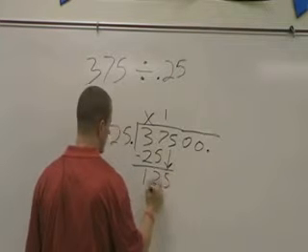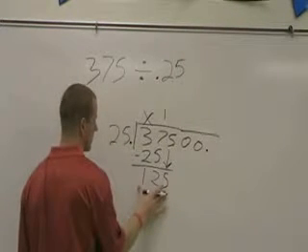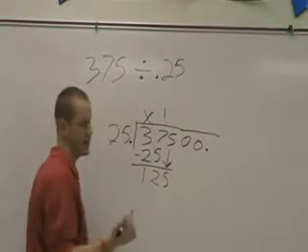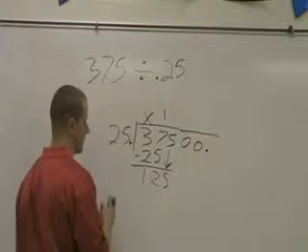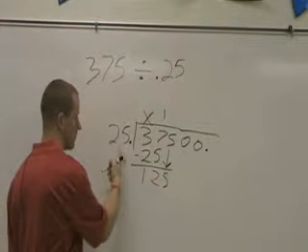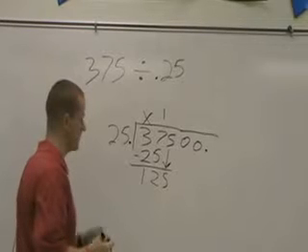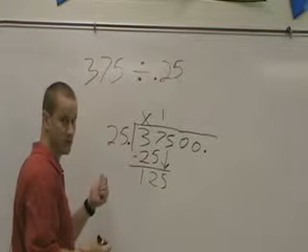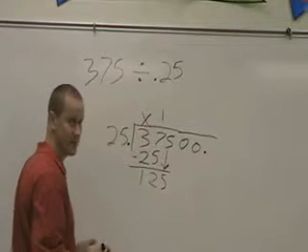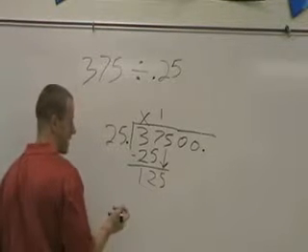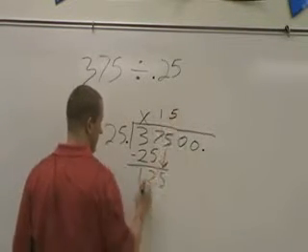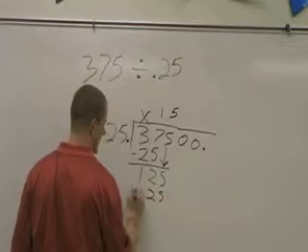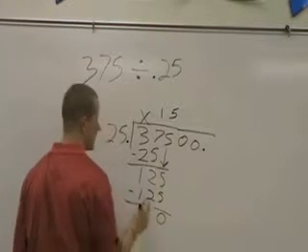Bring down your 5. Now I have 25 going into 125. How many times can that go? Think about quarters into $1.25: 25, 50, 75, 100, $1. So 5 would make it 125.